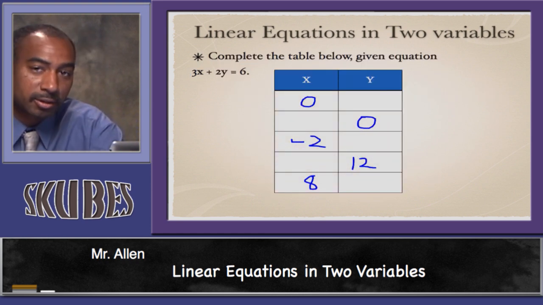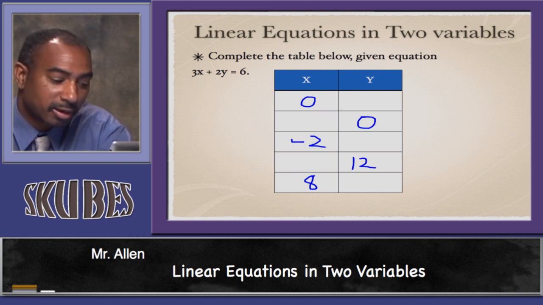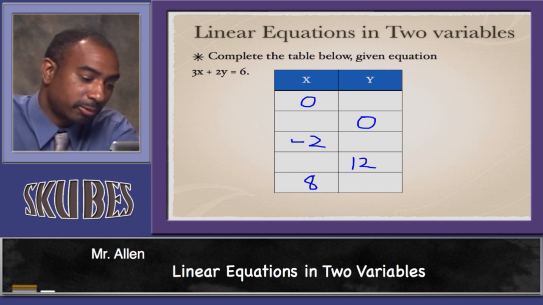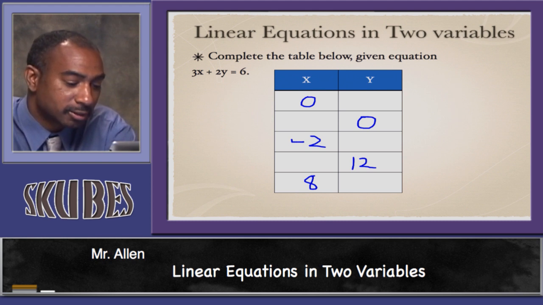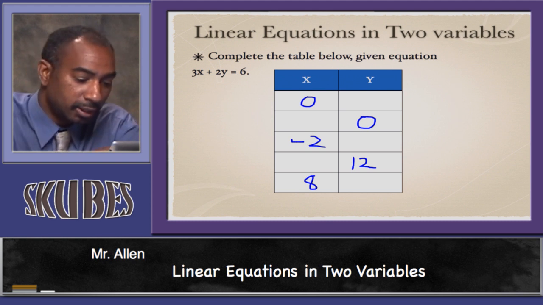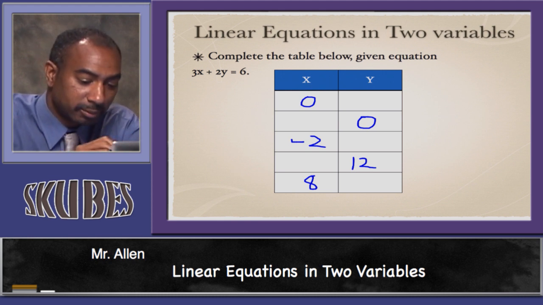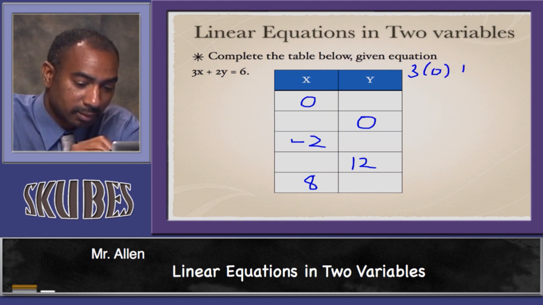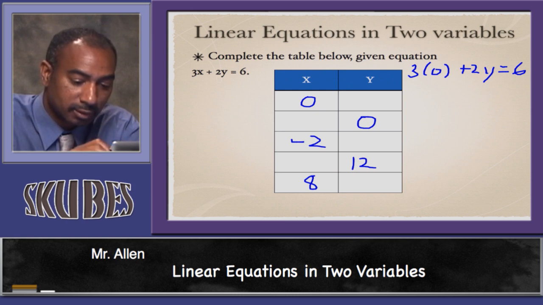Or sometimes you'll be asked to complete a table in order to graph a line. Let's say this equation is 3x plus 2y equals 6. And let's say when x is 0, what is y? Well, then what you'll do is you'll evaluate: 3 times 0 plus 2y equals 6. This leaves you with 2y, since 3 times 0 is 0, equals 6. So when you divide both sides by 2, y has to equal 3.